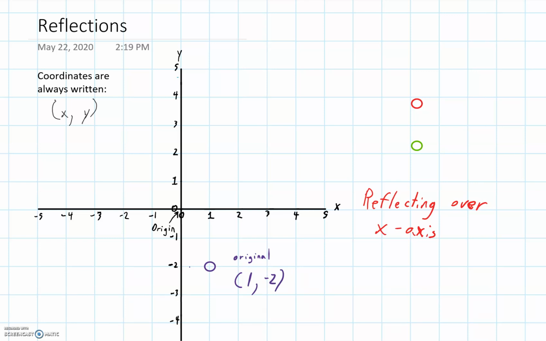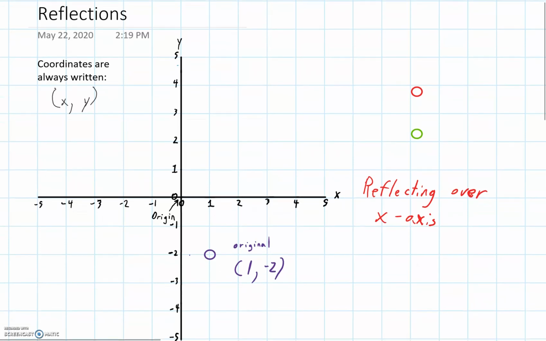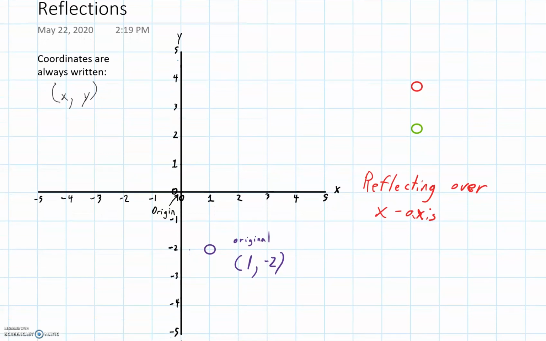When we reflect over the x-axis, there are two ways of going about this. I'm going to show you the first most logical way, and then I'll show you what it can look like with just numbers, which I think for most of you will be more difficult, but maybe some of you will find it more easy. So, first of all, what I think is easier, so we've gone 2 spaces below the x-axis to get to original, right?